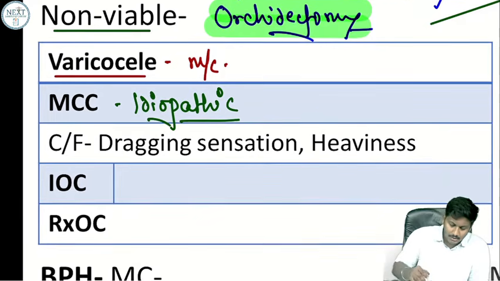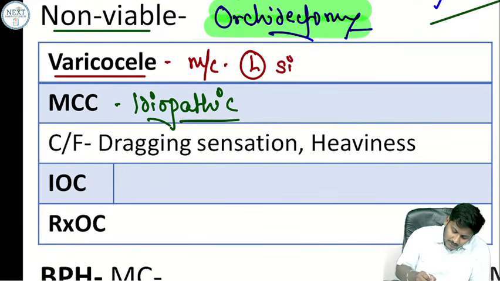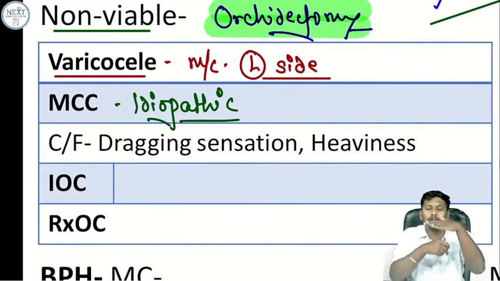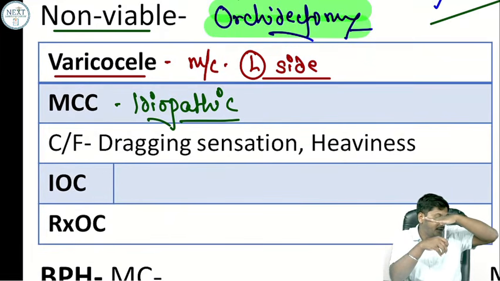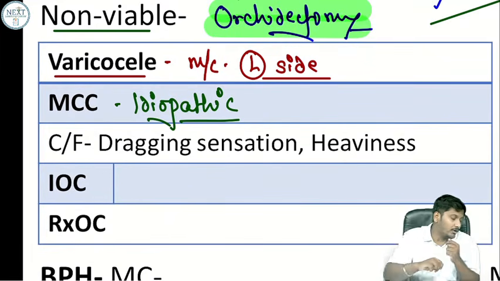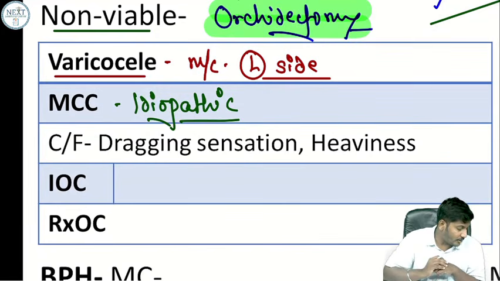Most commonly it is always seen on the left side, shabash, because the left testicular vein drains into the left renal vein at a 90 degree or perpendicular angle. Therefore it is not able to empty itself properly, and that can cause pooling of blood in the left pampiniform plexus of testicular veins, causing varicocele.